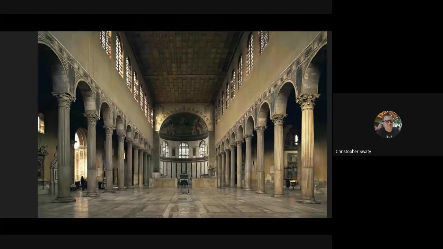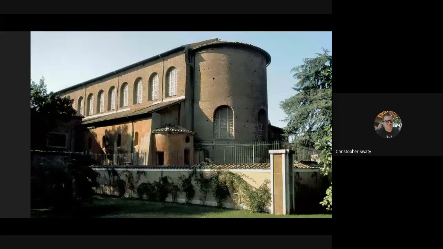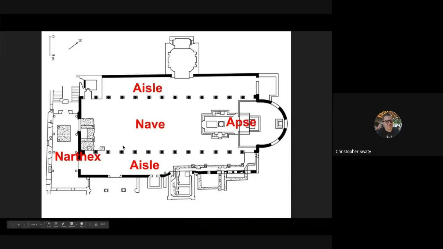Now, in looking at this, we can see there's like this door over here on the side. Well, if you've ever been to a Christian church, you'll know that generally the entrance is at the end. So when you walk in, your eyes are drawn to the apse or altar.